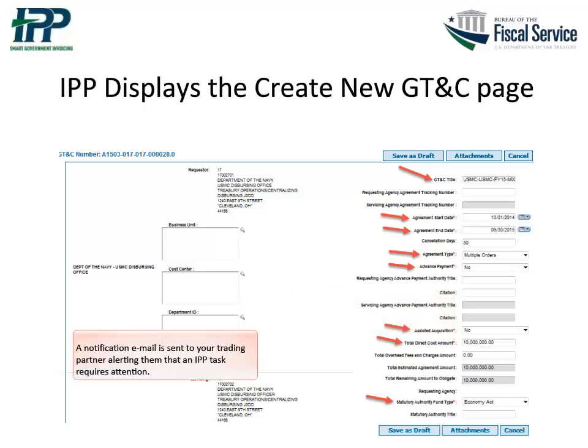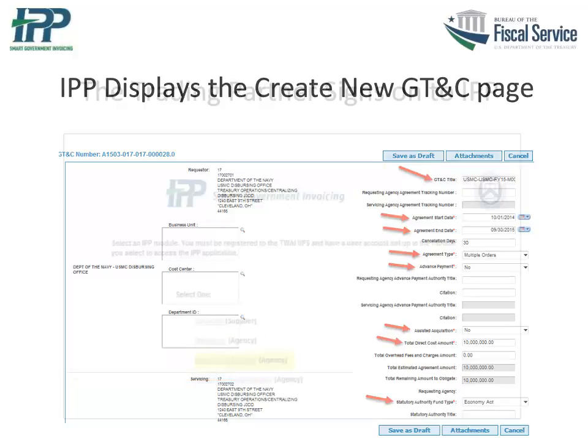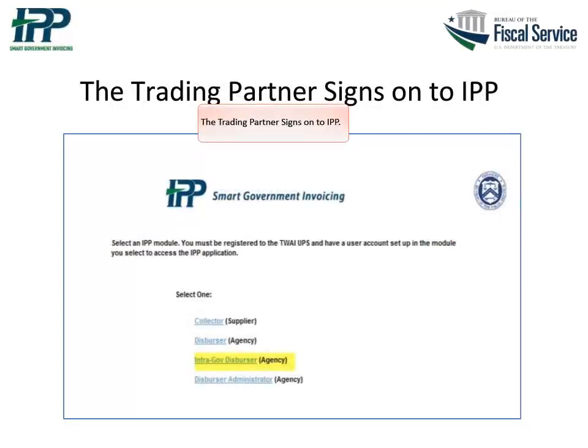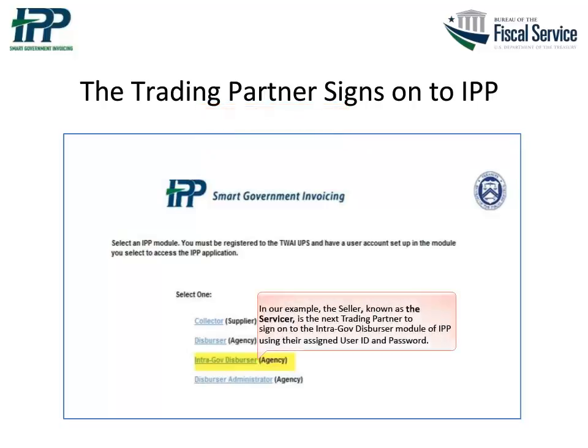A notification email is sent to your trading partner alerting them that an IPP task requires attention. The trading partner signs on to IPP. In our example, the seller, known as the servicer, is the next trading partner to sign on to the Intragov Disperser module of IPP using their assigned user ID and password.